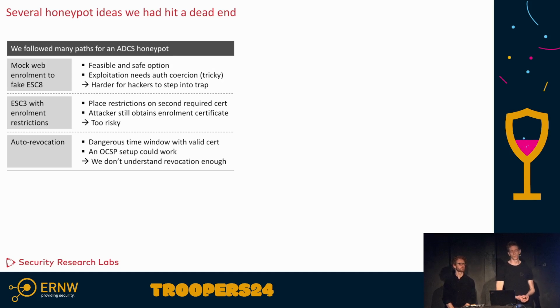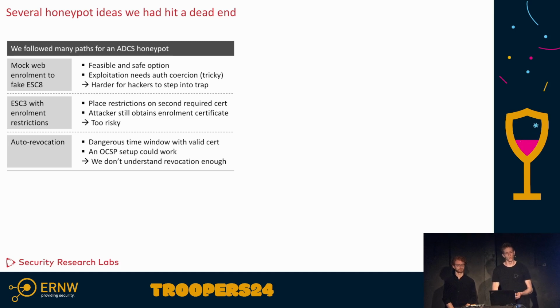However, an attacker would still obtain an enrollment certificate from that first template. So there might be some opportunities in the future for an attacker to find another template with a configuration that's valid for enrollment agents and thereby still be exploitable at some point. In our opinion, it's just too risky to roll out this honeypot.